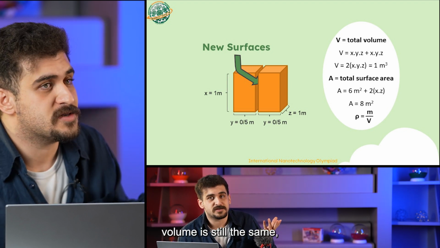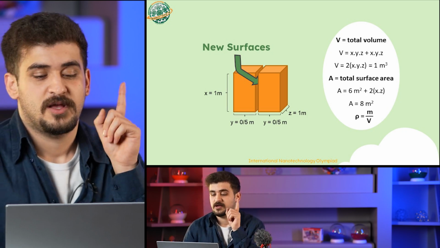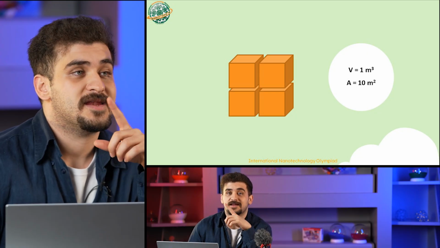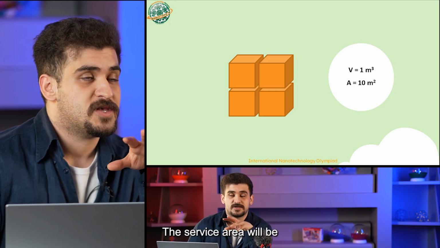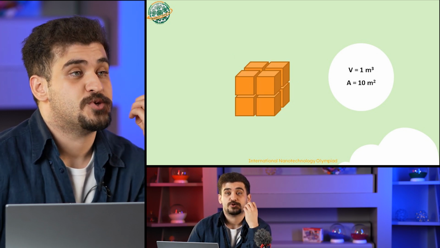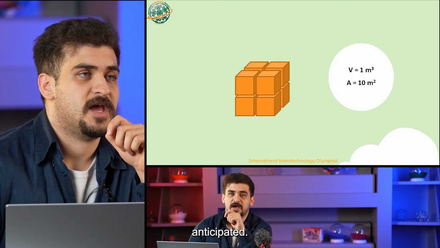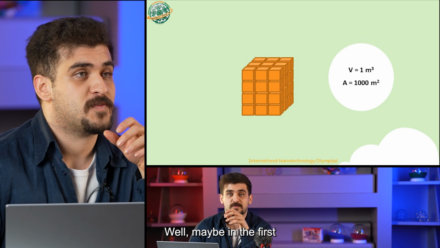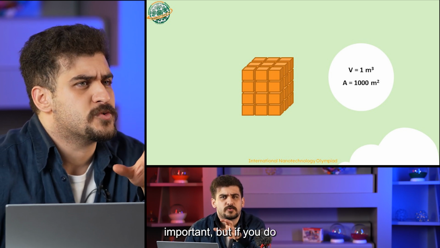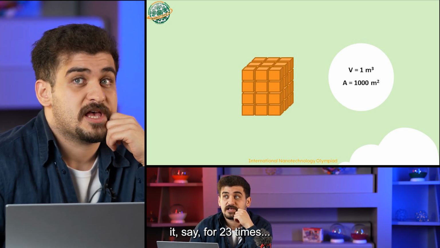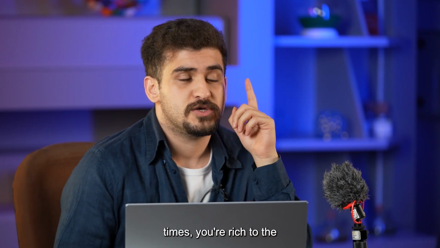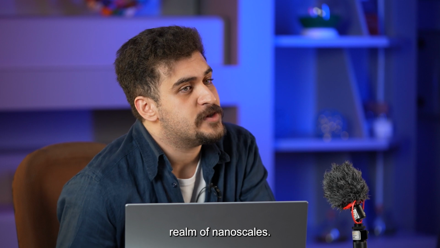The volume is still the same, 1 cubic meter. But as you can see, if we do this again and again, the surface area will be so much more than we anticipated. How come? Maybe at first it doesn't seem important, but if you do it, say, 20 or 23 times, you'll reach the realm of nanoscales.